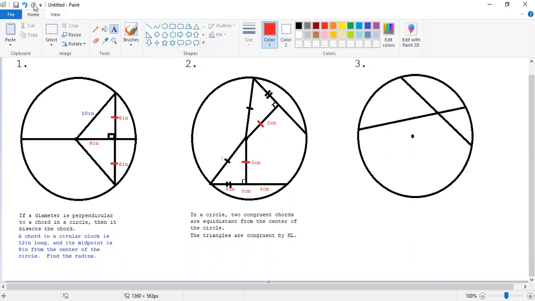So let's say that we were looking for the radius. Then all I would have to do is use the Pythagorean theorem, you guessed it. So that would be a squared plus b squared equals c squared, again, right?